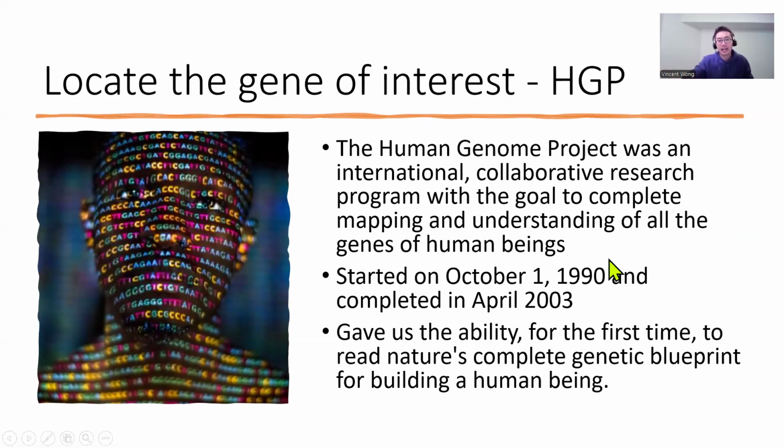It was an international collaborative project with the goal to completely sequence the entire human genome. The human genome is all the genetic information in the human. So starting at chromosome 1 all the way to chromosome 23, they wanted to map out all the ACTGs. That took a while to complete. As you can see over here, it started in 1990, but it didn't finish until 2003.